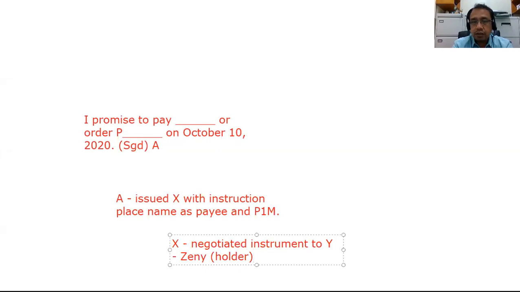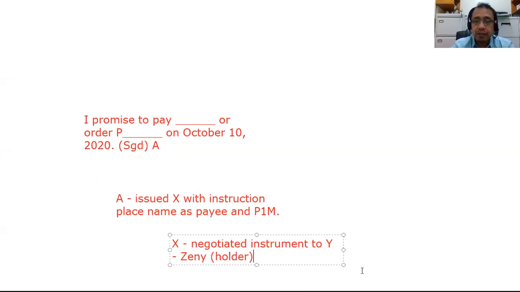Same instruction, that the payee's name is X and that the amount to be indicated is 1 million. So how should Zeni accomplish this instrument so that she can enforce it against Y, against X, and against A? Bakit silang tatlo? Because they are those individuals whose signature appeared in that instrument prior to completion. A being the maker, X and Y being the endorsers of the instrument.